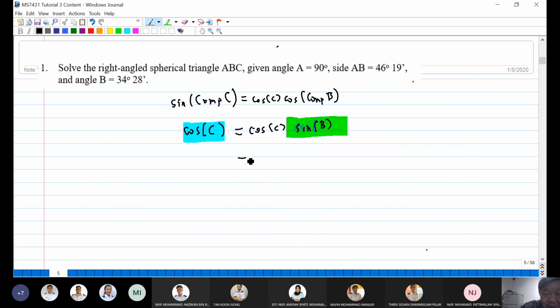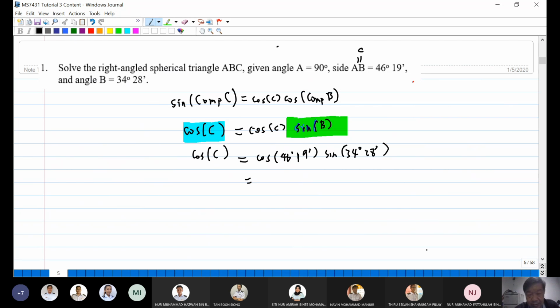Just like before, cosine of side c is actually my AB, 46 degree, 19 minutes, and then sine of angle B is 34 degree, 28 minutes. So this is cosine angle C here.